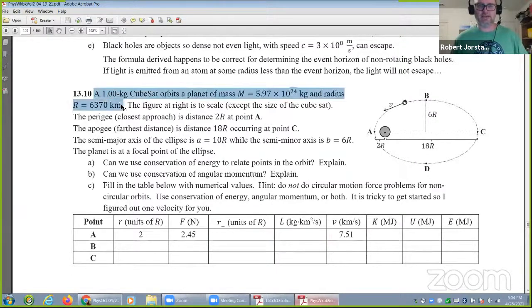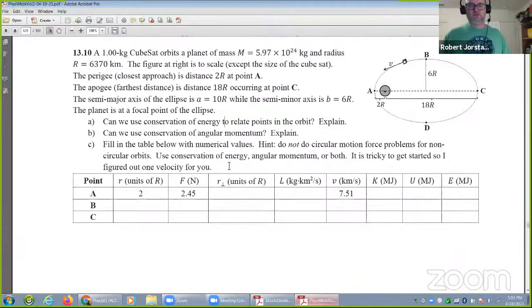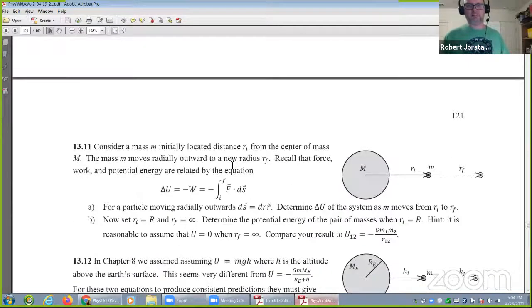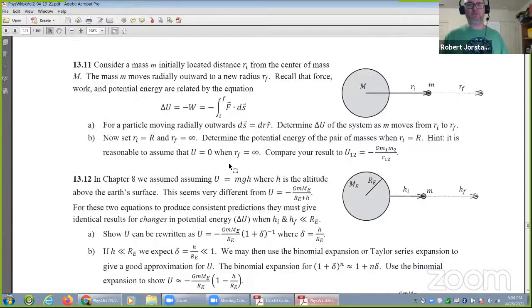I think I forgot to write in the mass, but I was assuming you use these numbers because this is a CubeSat of 1 kilogram, somewhat realistic, orbiting the planet Earth in an ellipse. All right. Next. 13.11. I'm going to start doing 13.11 here on the board. I'll let you look at it while I get it written up here.